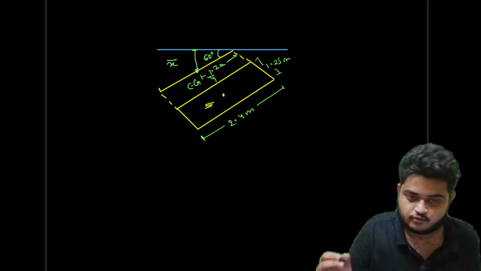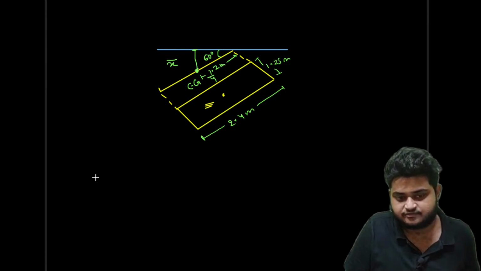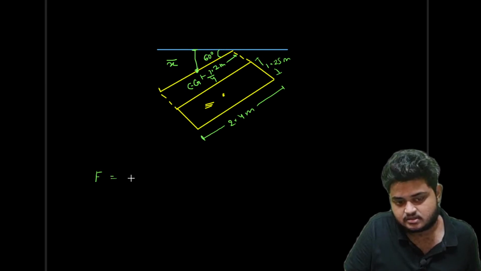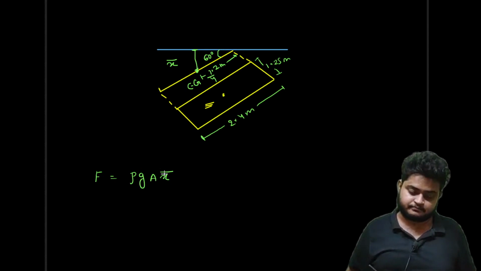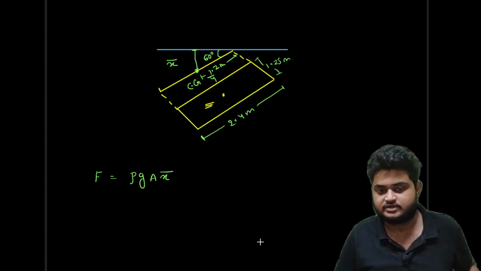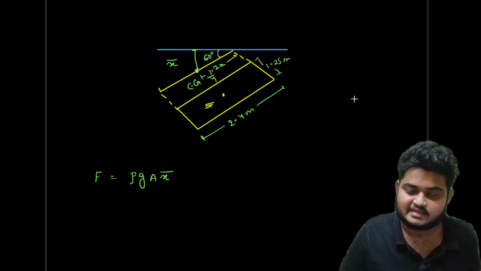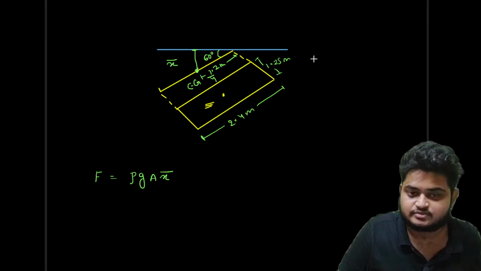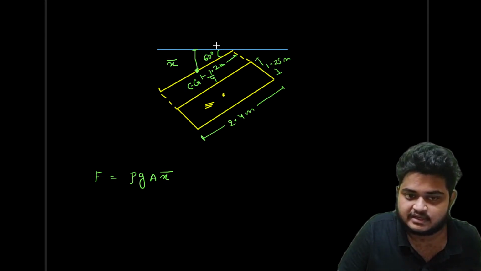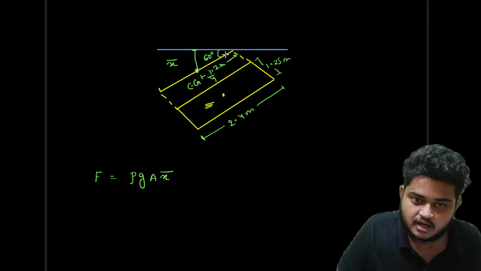For a hydrostatic force on an inclined plane, the pressure force is rho g a x bar. So this is the formula for the pressure force, rho g a x bar, right? So x bar we have to calculate. Now let us take this particular body.